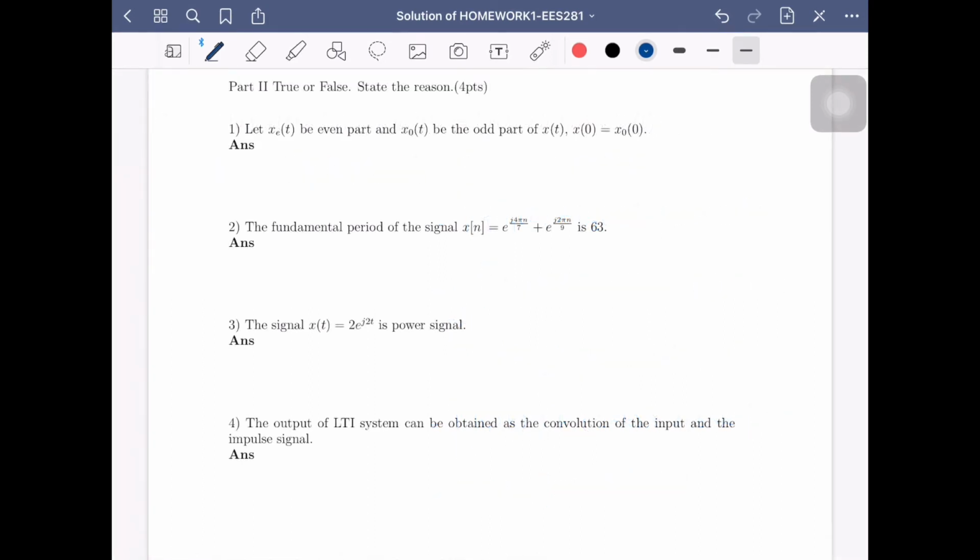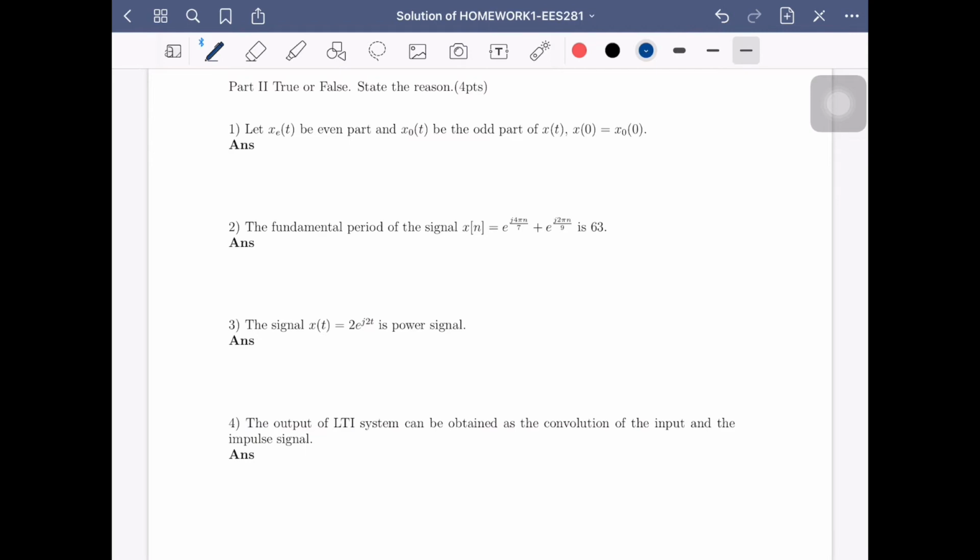Part 2, true or false, and then state the reason. First question: let x_e(t) be the even part and x_o(t) be the odd part of x(t), and it says that x(0) equals the odd part of 0.